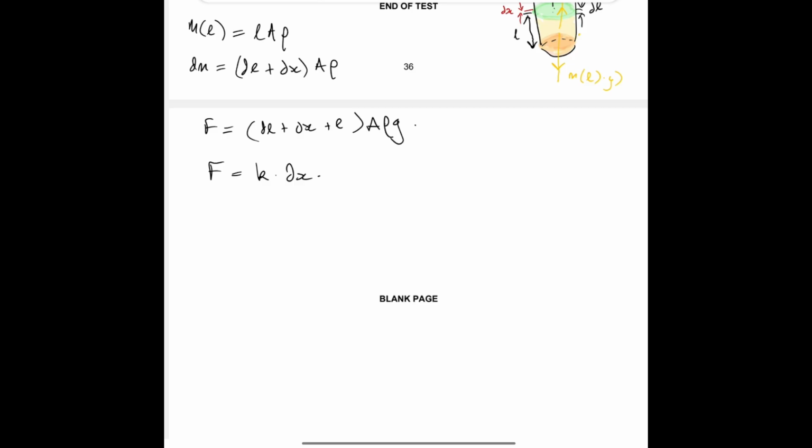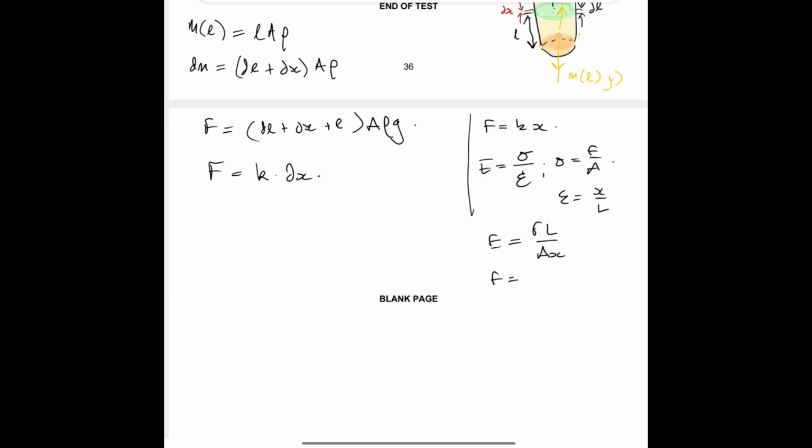Just rederiving it over here, quickly. We know generally F equals Kx, but also Young's modulus equals stress over strain. Stress is force over area. Strain is extension over original length. So therefore E equals FL over AX.